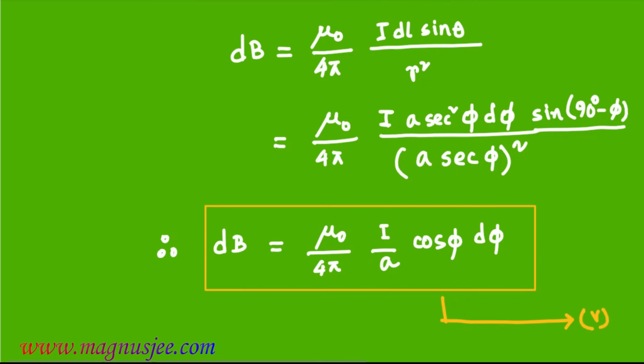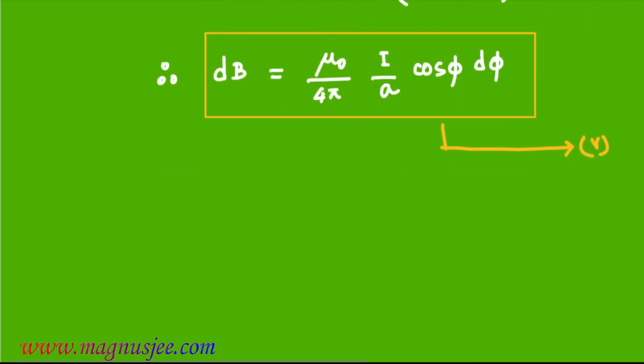Equation 5: dB equal mu 0 by 4 pi I by A cos φ dφ.